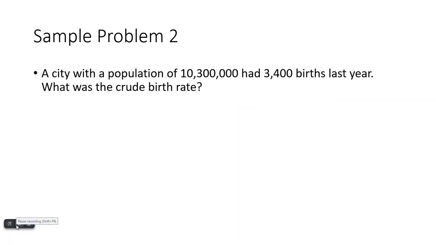We have a city that has a population of 10,300,000 and it had 3,400 births last year. So we want to know what is the crude birth rate. So CBR is going to be the births divided by the population, or N, times 1,000.